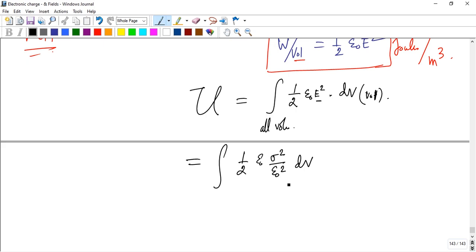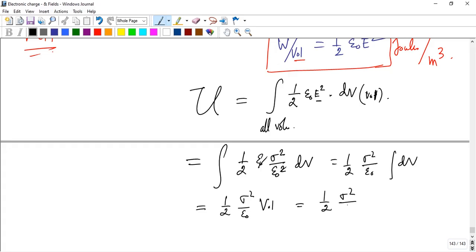These are all constant, so outside the integration, half, cancel these two, sigma square over epsilon naught integrated with dV. So the integration of dV gives the volume V. Half sigma square over epsilon naught times volume, with volume being base area times height x.